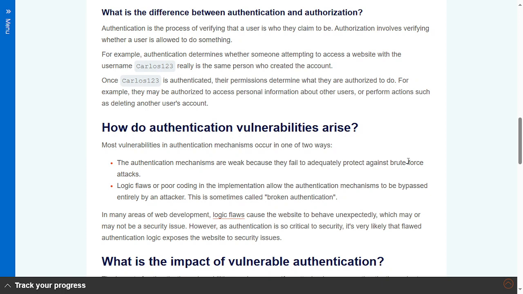Once Carlos123 is authenticated, their permissions determine what they are authorized to do. For example, they may be authorized to access personal information about other users or perform actions such as deleting another user's account.